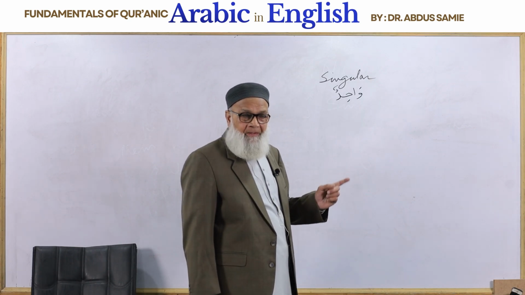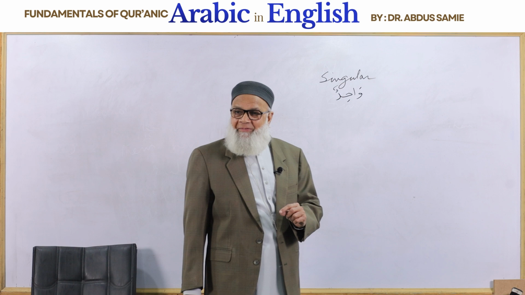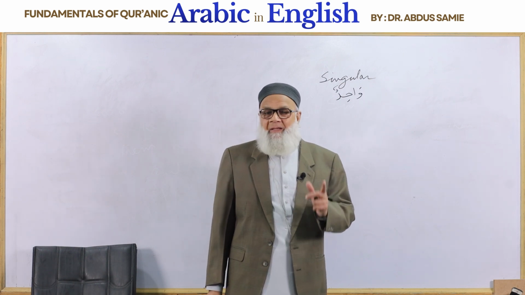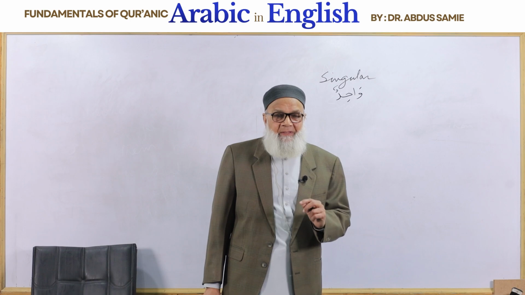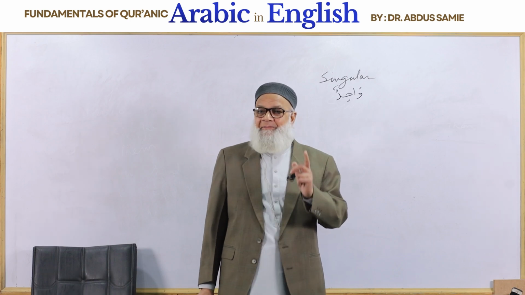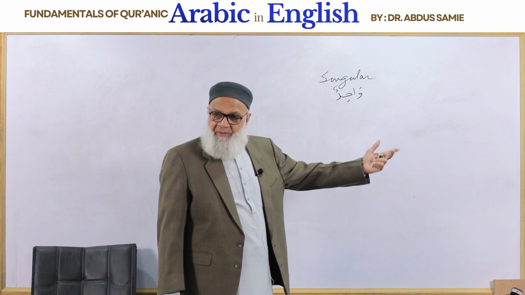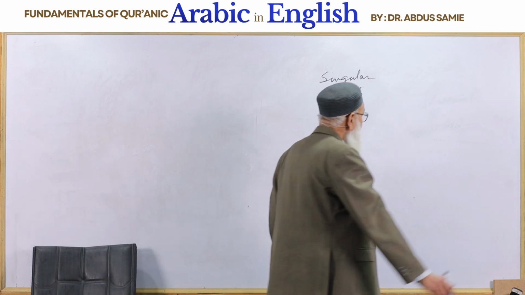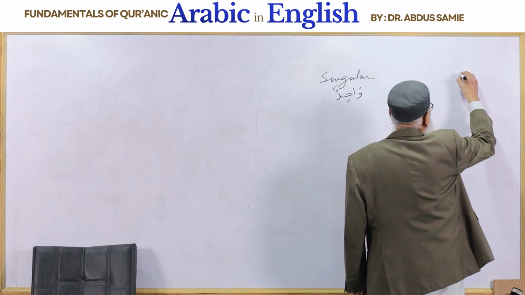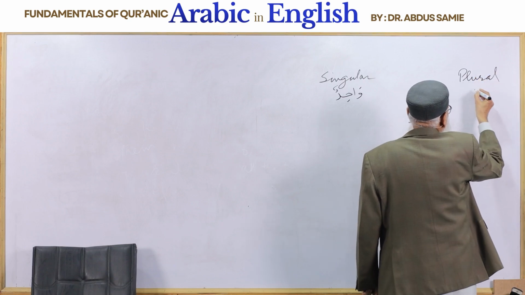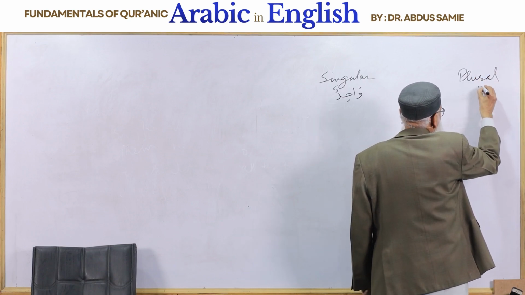I told you that the basic and normal condition of the Arabic noun is nominative. Wahidun is nominative form. We'll study later. You will understand the meanings. But plural form, plural is called jama'.